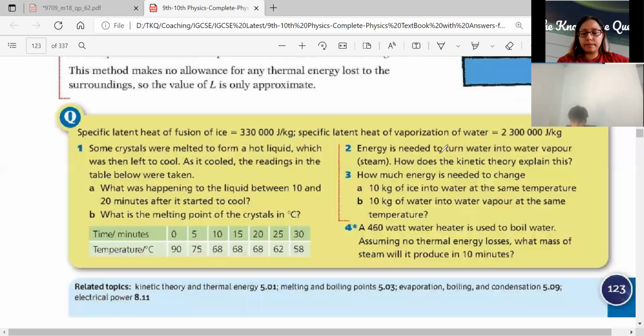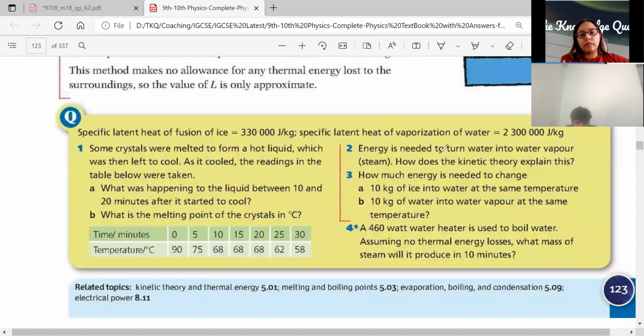Read the question number 1. Read it aloud. Some crystals were melted to form a hot liquid, which was then left to cool. As it cooled, the readings in the table below were taken. What was happening to the liquid between 10 and 20 minutes after it started to cool?